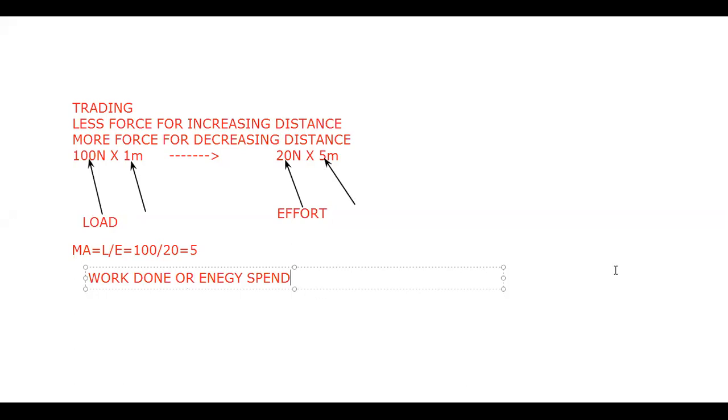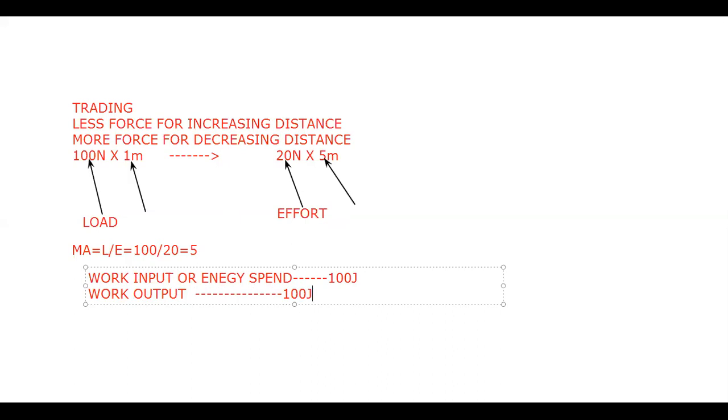You will find the work done or energy spent by me is 100 joule, because 20 into 5 is 100. And how much is the work output? How much is the work done by the machine? 100 Newton into 1 meter, and you will again find it is 100 joule.